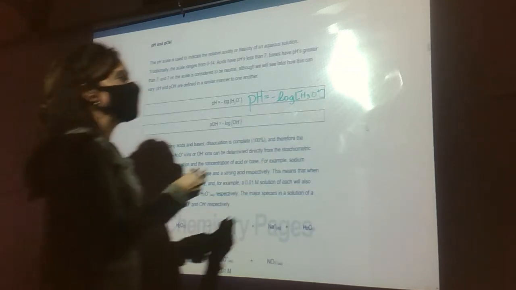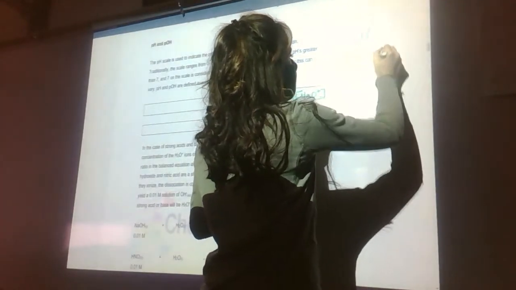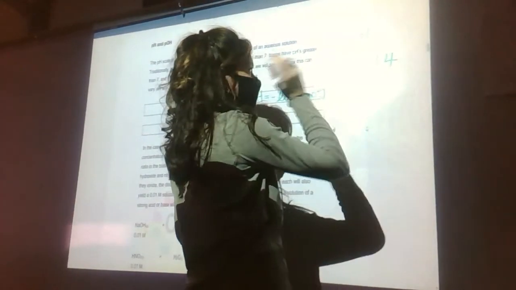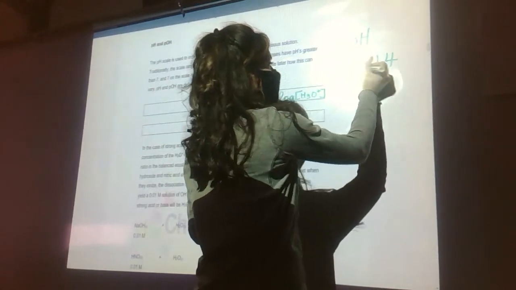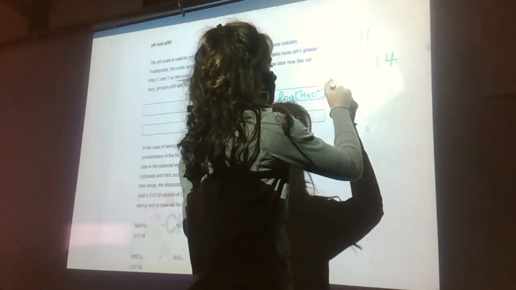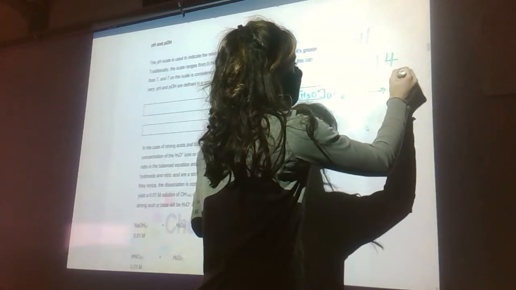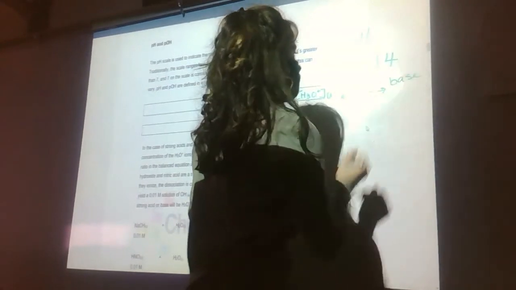So the pH scale goes from 1 to 14, where 7 is neutral, and less than 7 is an acid, and greater than 7 is a base.